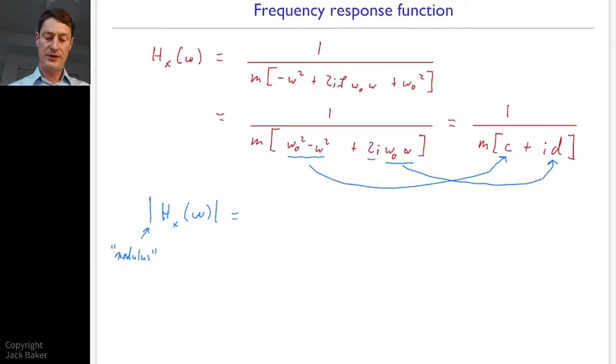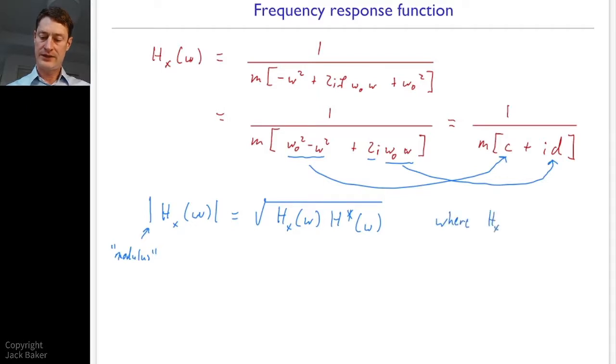It's going to equal the square root of the frequency response function times its complex conjugate, which I indicate with an asterisk, h sub x asterisk of omega, equals a complex conjugate.